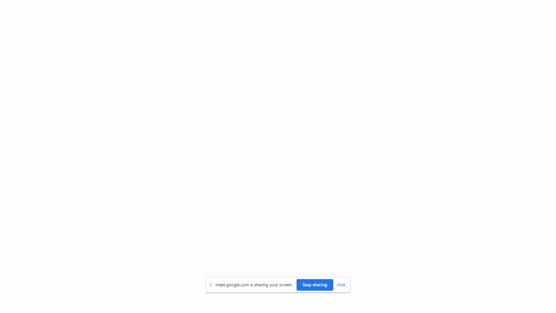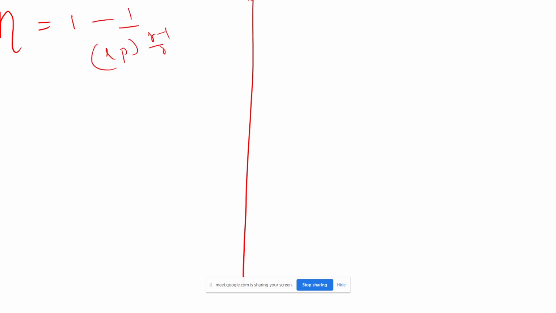Now what we have got is the expression: efficiency is equal to 1 minus 1 upon RP to the power gamma minus 1 upon gamma.